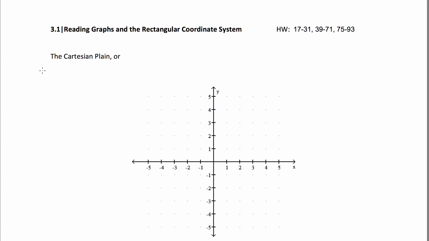This is called the Cartesian plane. It is also often called the rectangular coordinate system. And what this represents is actually a really big deal.